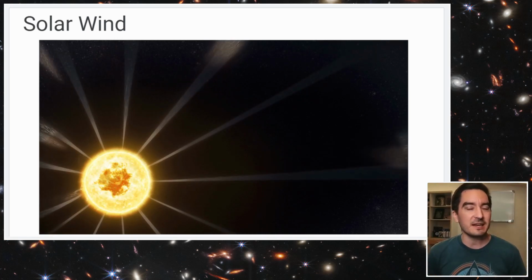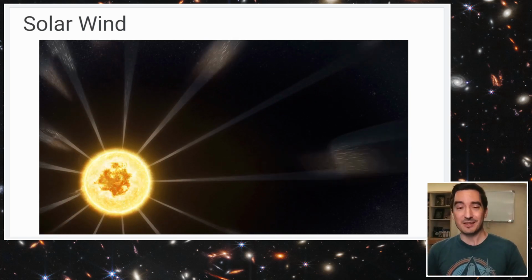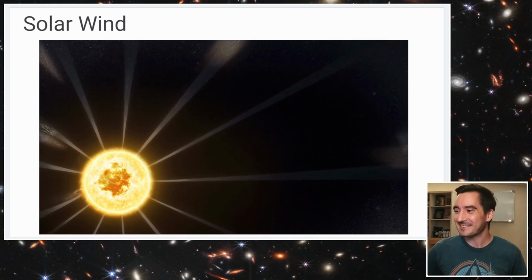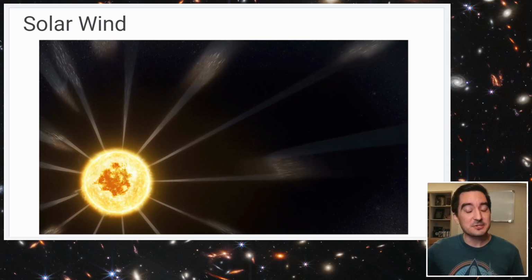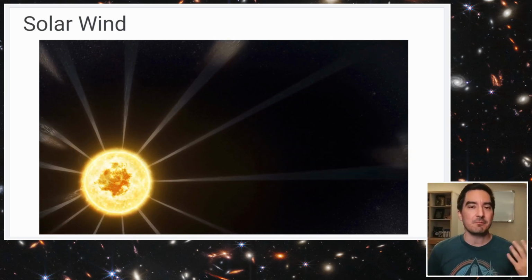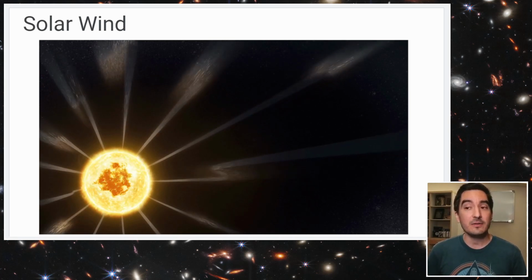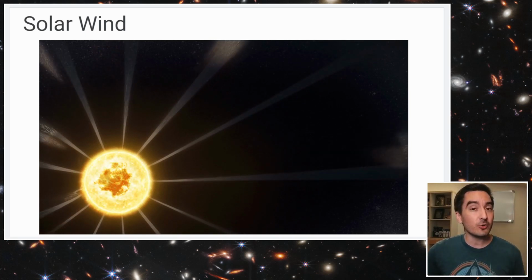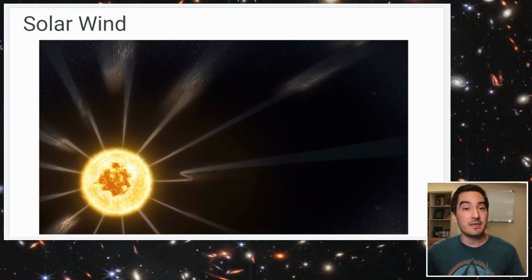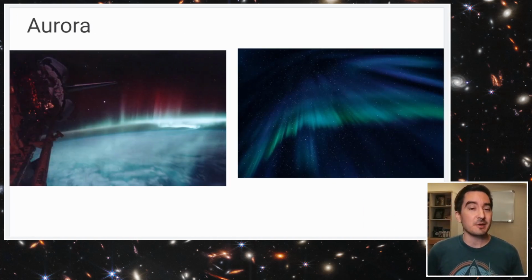We don't need to get into too much detail because that's really hard and I'm not a scientist, okay? So solar wind is all that energy coming out. Why does that matter to us? Well, that solar wind is energy coming from the sun, and then it can create something called aurora.